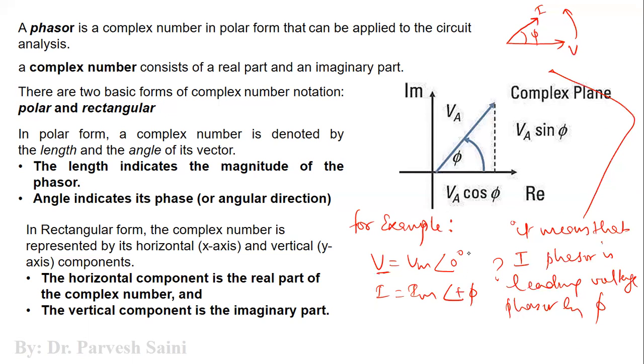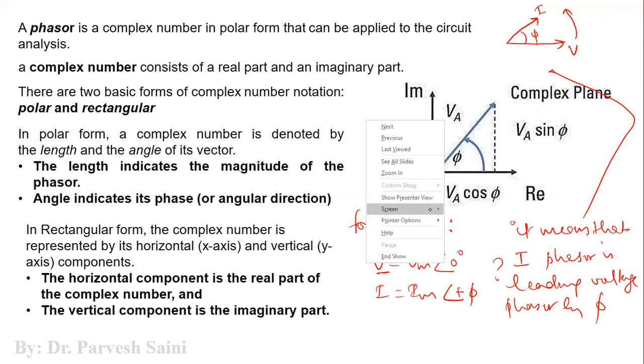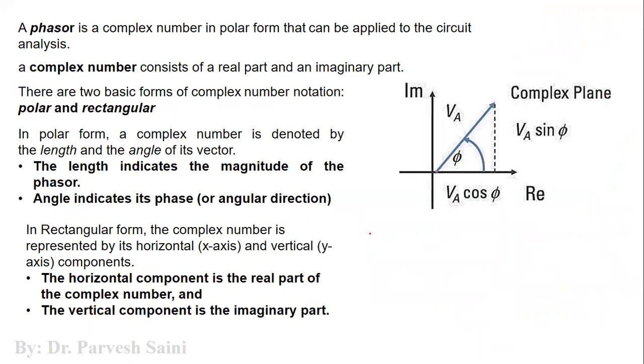As far as polar form is concerned, we can represent the phasor quantities in polar form in this way. More precisely, if we have a complex number, let us say x is equal to a plus jb, this is the rectangular form, right?